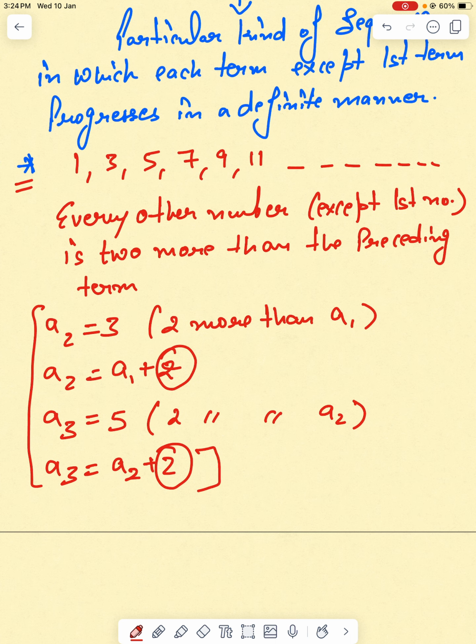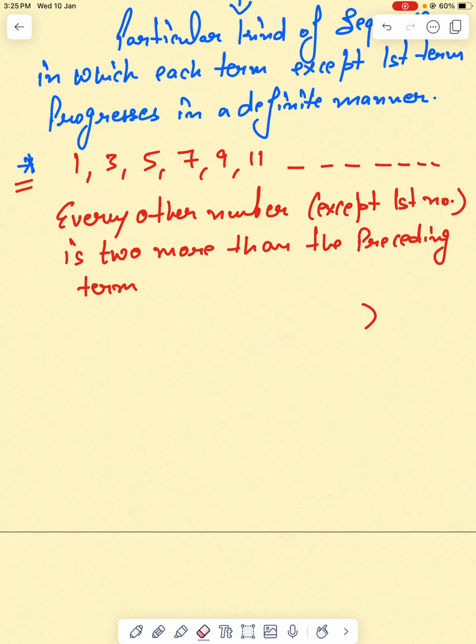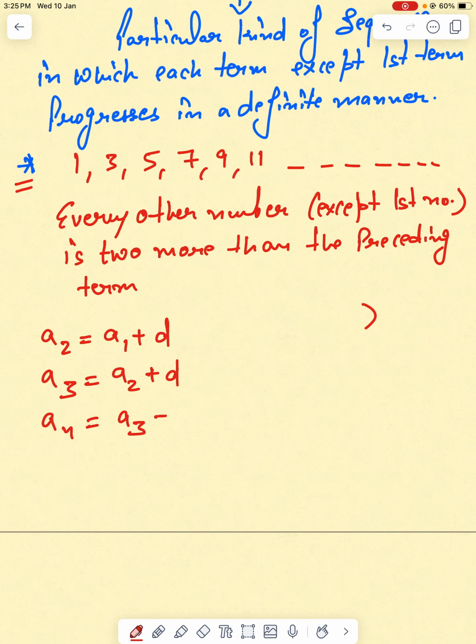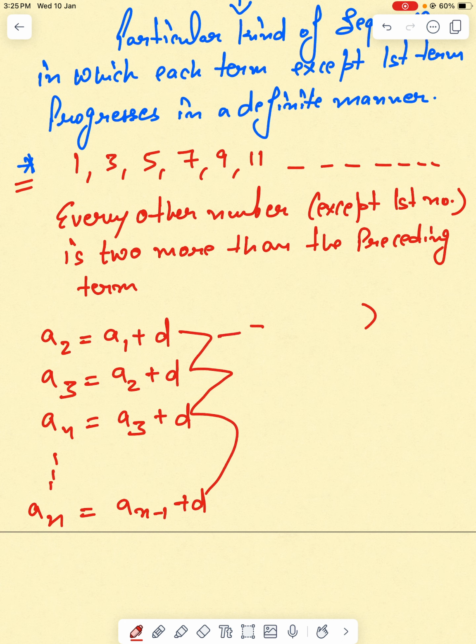The AP is your sequence, if there exists a constant number, you can call it D, such that a2 is equal to a1 plus D. Similarly, a3 is equal to a2 plus D, a4 is equal to a3 plus D, like this. Or you can say your nth term will be equal to a(n-1) plus D. So what is D here? D is a constant number.